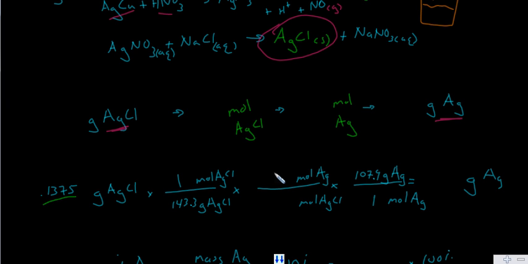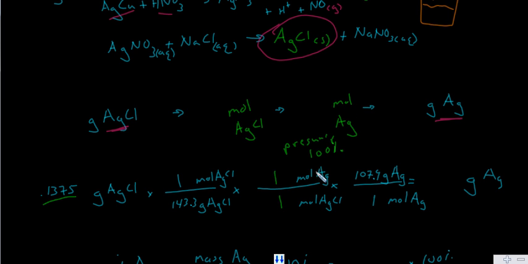And so the number of moles of silver originally in your alloy is going to be the same as the number of moles of silver chloride collected, presuming that we had 100% reaction of both the alloy with the nitric acid and 100% reaction of the silver nitrate with the sodium chloride, so that all of our silver was actually turning up as silver chloride.